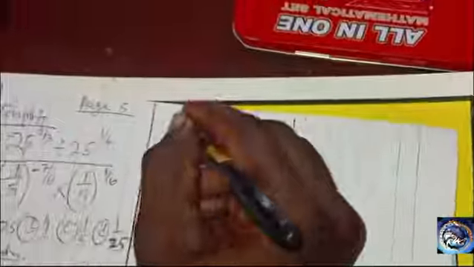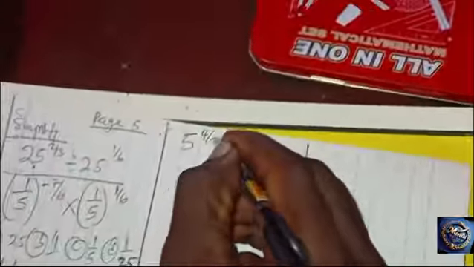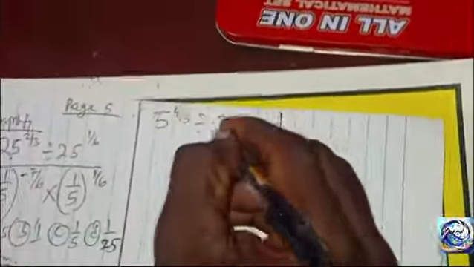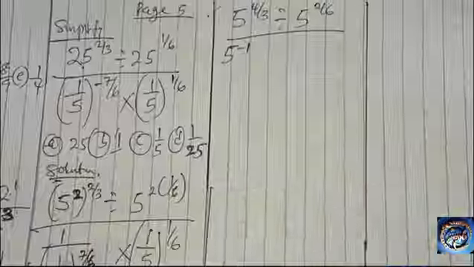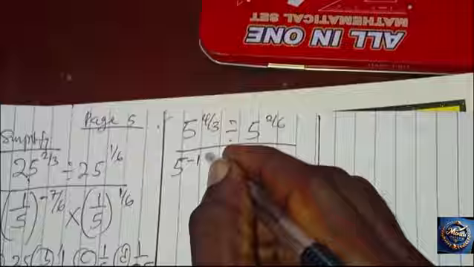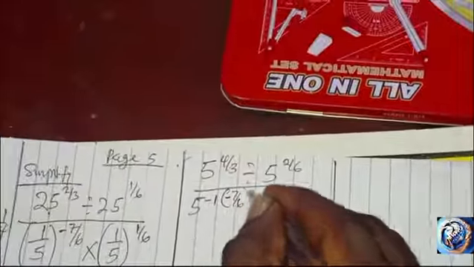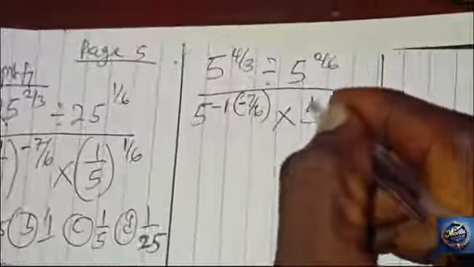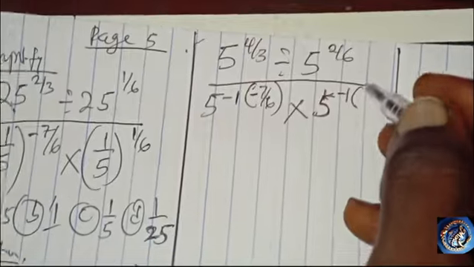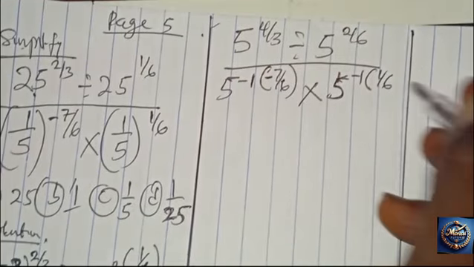That was 5 raised to power 4 over 3 divided by 5 raised to power 2 over 6, all over 5 raised to power minus 1 times 1 over 5, which is minus 1 bracket minus 7 all over 6, then times 5 raised to power minus 1 bracket 1 all over 6.